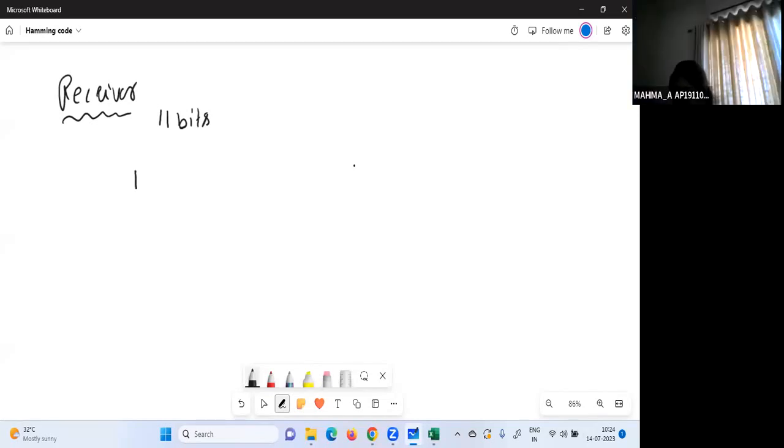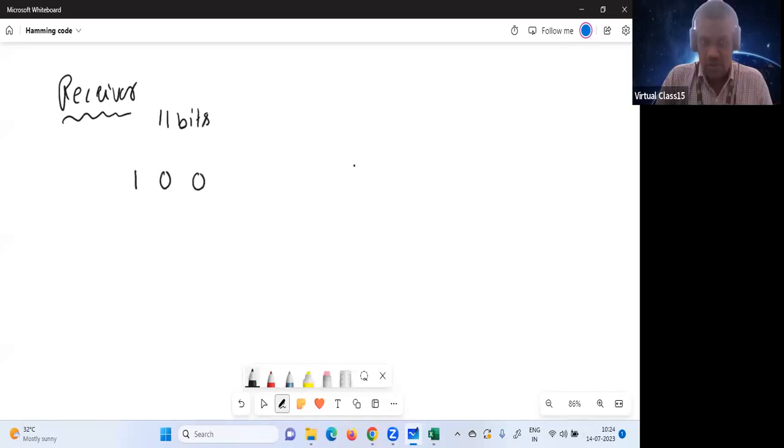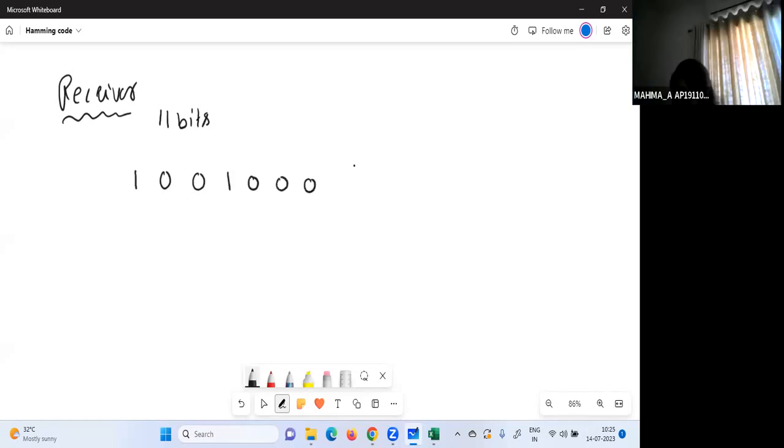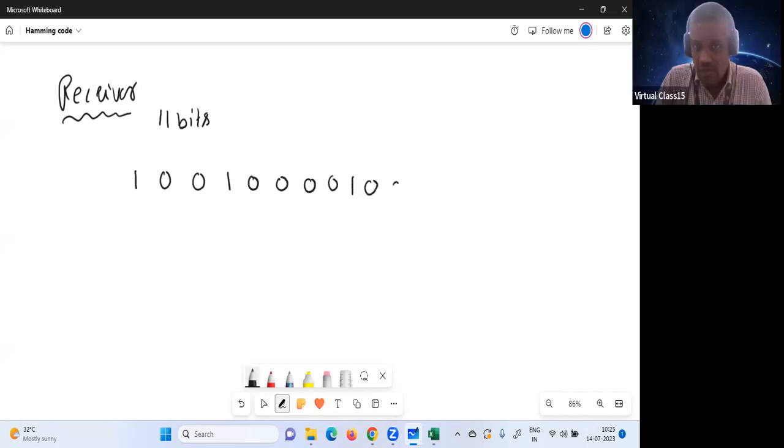The code word is 1 0 0 1 0 0 1 0 0 0 1, positions 1 2 3 4 5 6 7 8 9 10 11. As you already know, positions 1, 2, 4, 8 are your redundant bits.